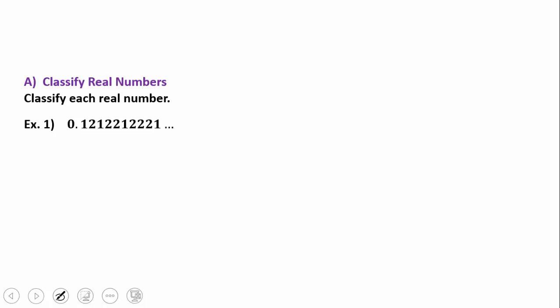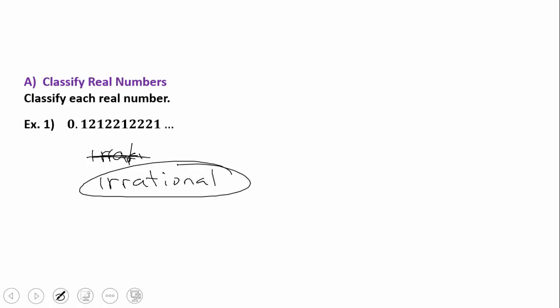What's the other part? Yeah, never repeat. Is this repeating? It does have a pattern, but does it repeat? No, it does not. So this is an irrational number. Oops, I-R-R-A-T-I-O-N-A-L. Irrational number. Outstanding.